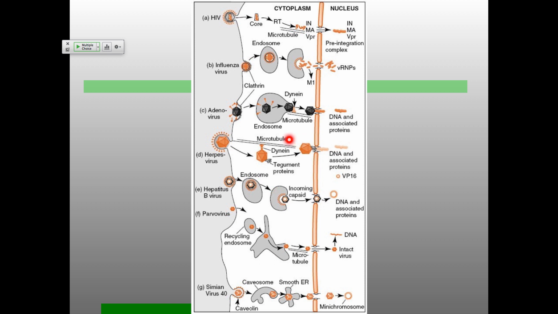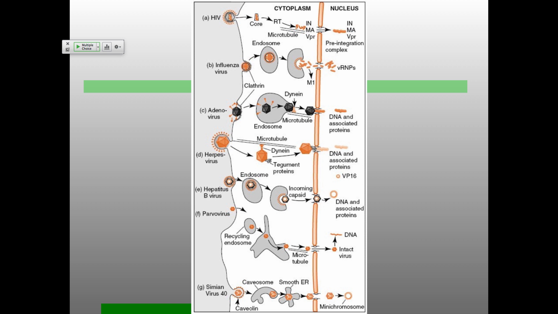In the case of SV40, it seems to be using not an endosome, but other intracellular vesicle processes through the smooth ER, and it just seems to transport itself in the vesicles and end up in the nucleus itself. Parvoviruses, small, naked virions, also get into the endosome and then release from the endosome. It's actually not entirely clear how those parvoviruses get out.